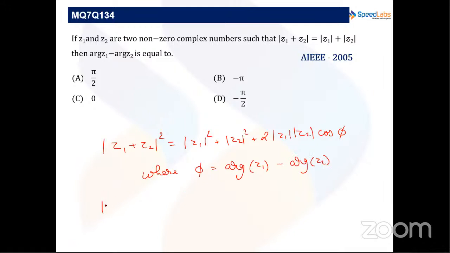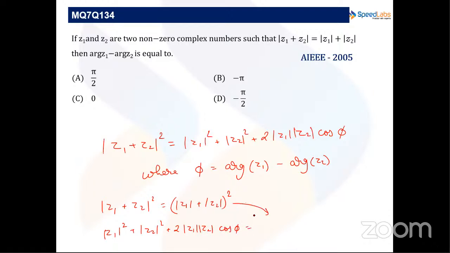Now it is given that mod Z1 plus Z2 whole square will be equals to mod Z1 plus mod Z2 whole square. So we would be having mod Z1 square plus mod Z2 square plus 2 mod Z1 mod Z2 cos phi is equals to the square. Using the formula of square on this side, we will be getting mod Z1 square plus mod Z2 square plus 2 mod Z1 mod Z2.